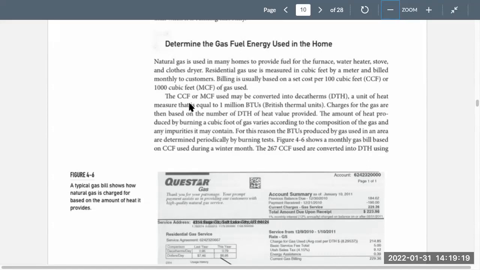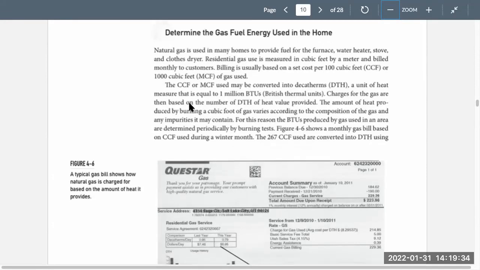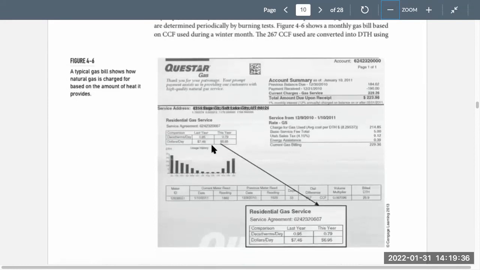There's not much you can do except turn your thermostat down or not use your gas stove or your gas dryer. It's very difficult to measure gas on an individual appliance, so you would want to see what your monthly bill is and how much gas you're using.